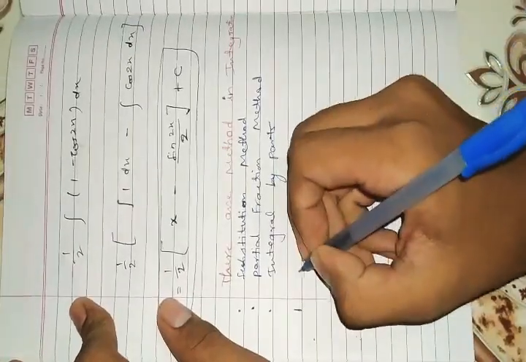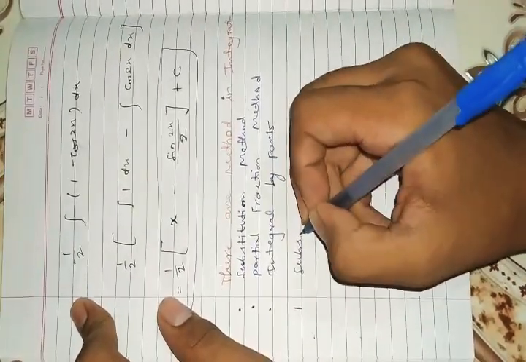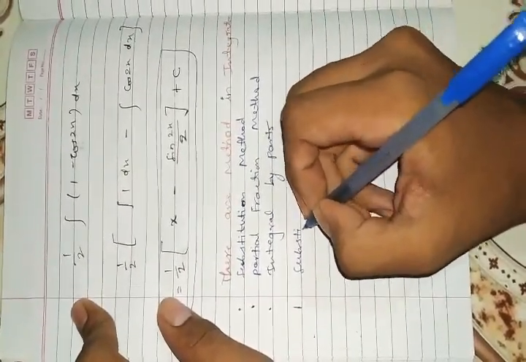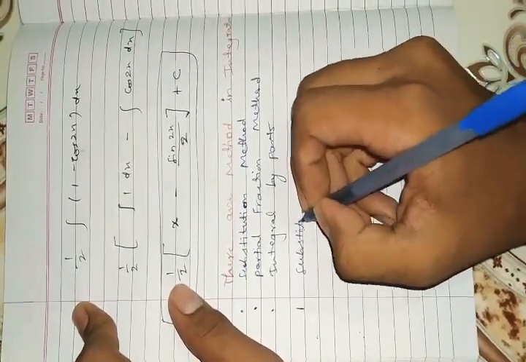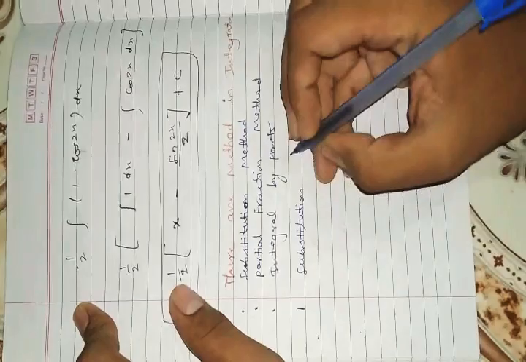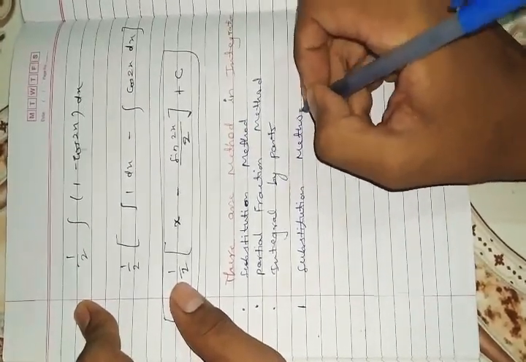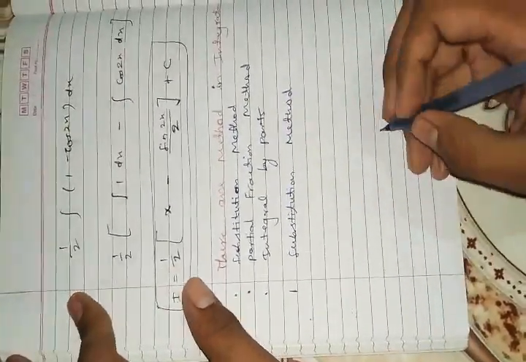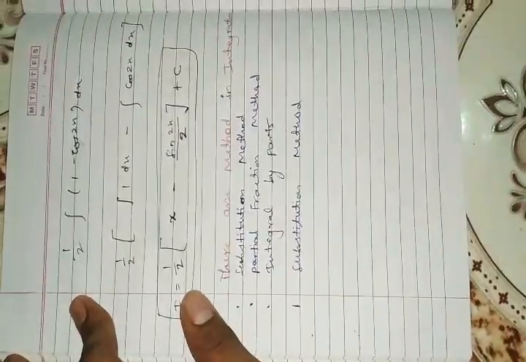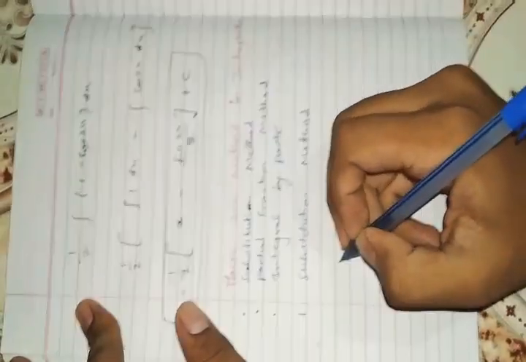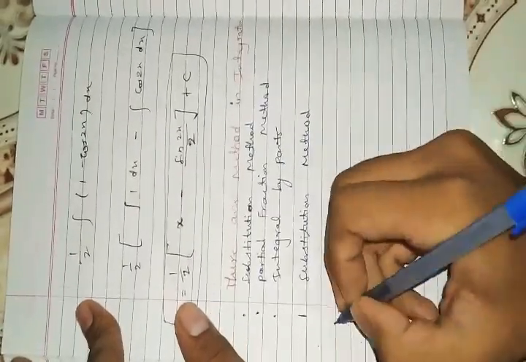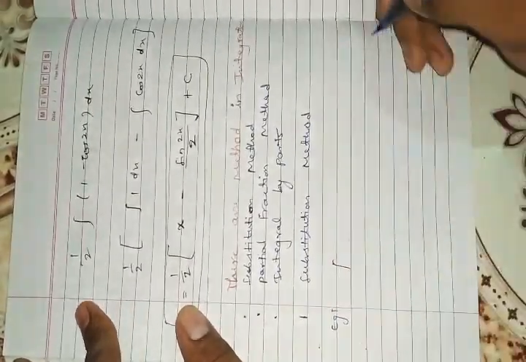And first of all, I am going to explain the substitution method, and why we use it. I will take an example so it will be very clear to you.